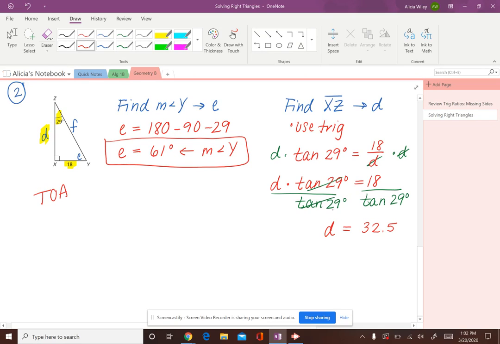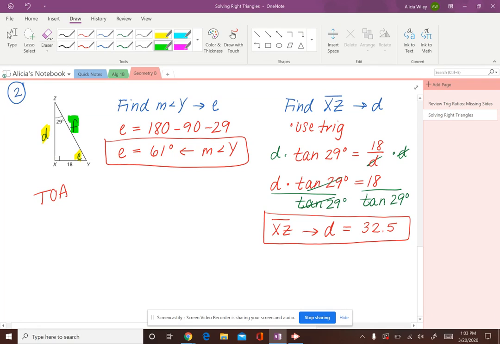And remember, this is XZ. That's what this is. It's a side XZ. So whether you called it a variable or called it XZ, it doesn't matter. You get 32.5, right? So this is what I know so far. I know that so far I found E and I found D. The only thing I have left to find is our good friend F over here, right?